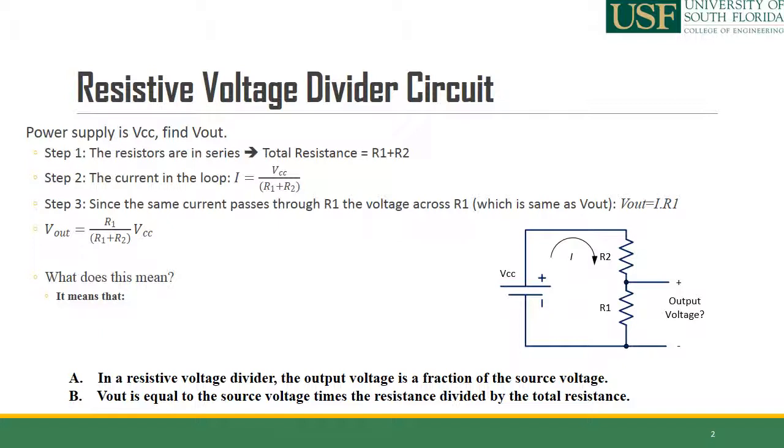The second is that if you want to quickly find the output of the voltage divider, you don't need to go for the KVL, KCL every time, but instead you can use this quick equation, saying that output voltage is always equal to R1, the resistor which we are looking at the voltage across, divided by R1 plus R2 times VCC as the total voltage.